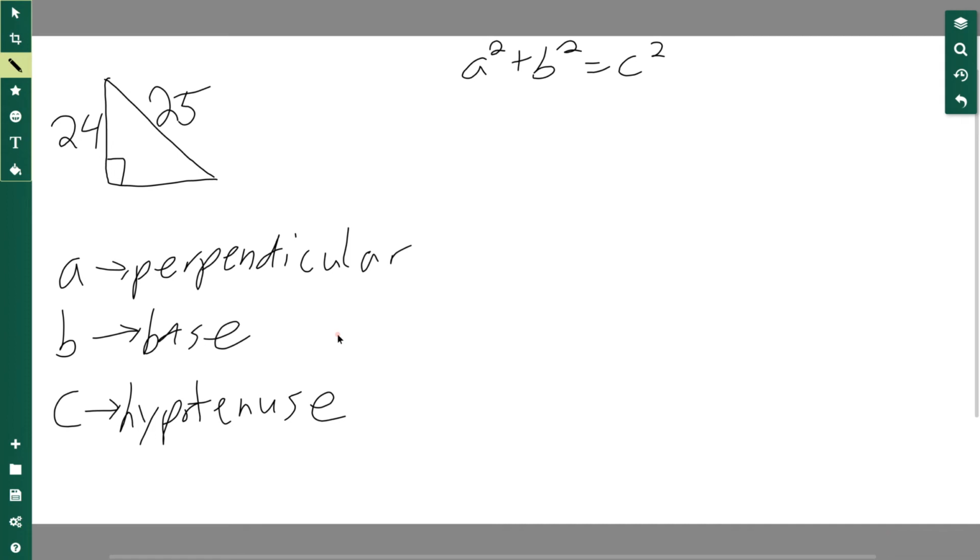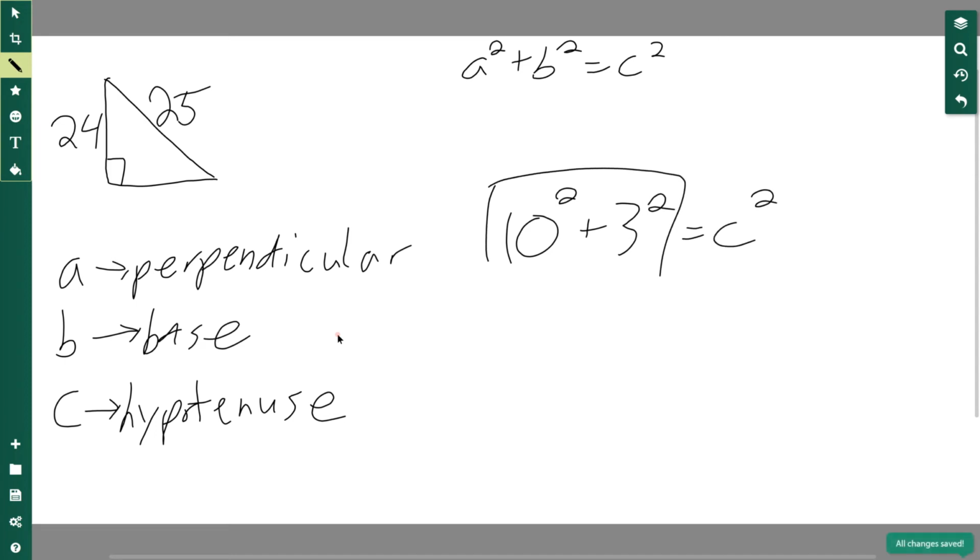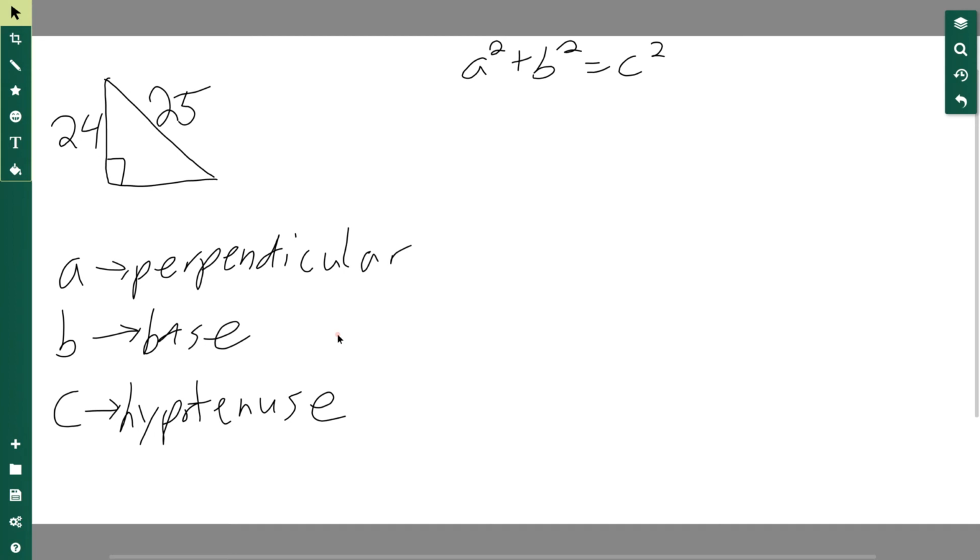So notice that when we did the other two problems, let's just take the last problem for example. We plugged in our values like this, and notice this whole left side here we could simplify into 109. So we're going to want to do a similar thing. So we have our base here.